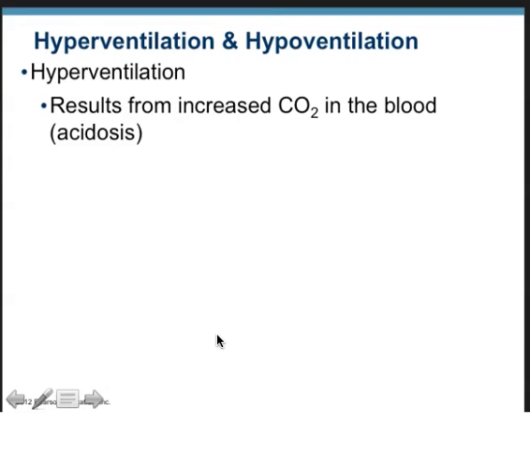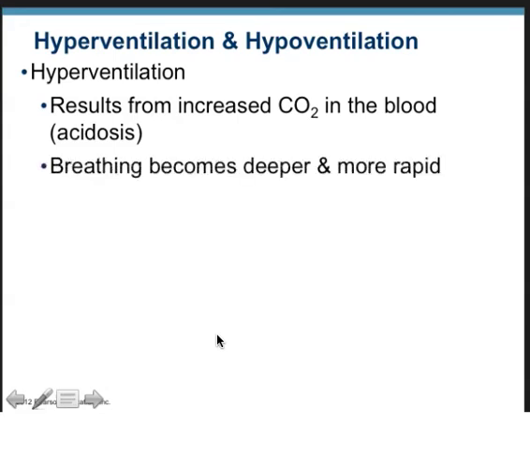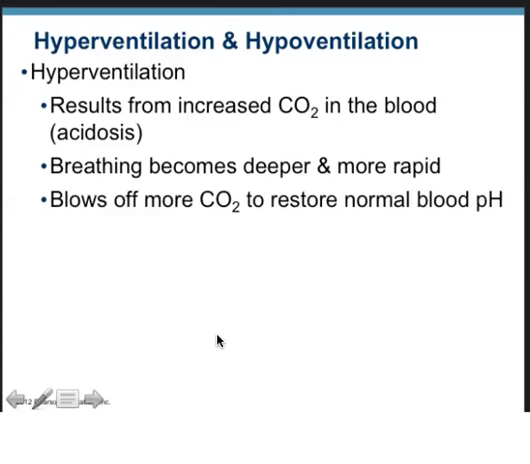Hyperventilation results from increased carbon dioxide accumulation in the blood, which can lead to acidosis. The breathing becomes deeper and more rapid in an effort to blow off the carbon dioxide, and when this happens, the protons are going to be consumed in the plasma, forming a carbonic acid, which is going to then dissociate into CO2 and water, and of course the CO2 is going to leave with the expired breath.